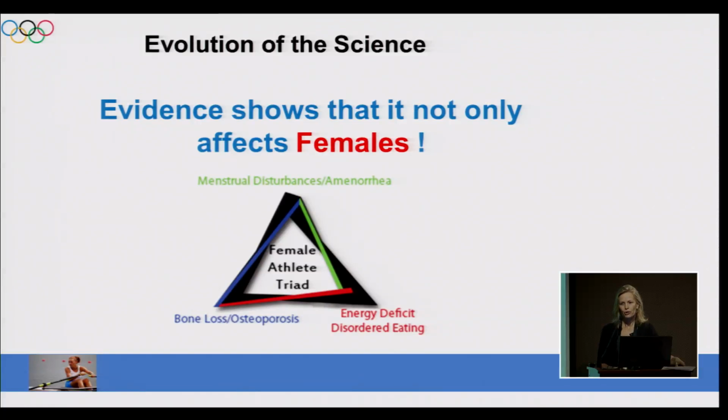My center is also the home of the middle and long distance track and field for Canada. So I look after all of Canada's endurance athletes, male and female. And for many years when I was telling my men that they had the female athlete triad, they were a little skeptical when I was looking at them with that diagnosis.